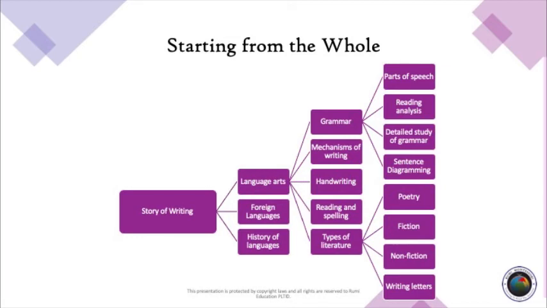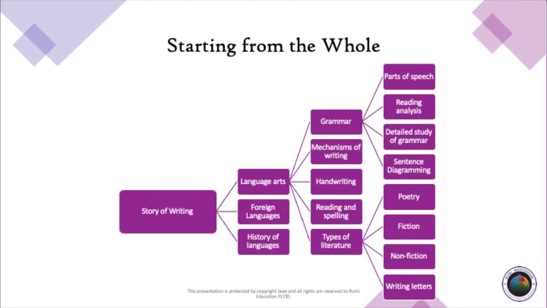We can see here in this chart that we would begin the language curriculum with the story of writing. This would then be broken down into the language arts, foreign languages, the history of languages. The language arts curriculum would then be further broken down into grammar, mechanisms of writing, handwriting, reading and spelling, and so on.